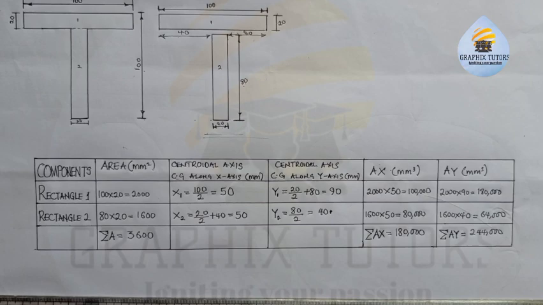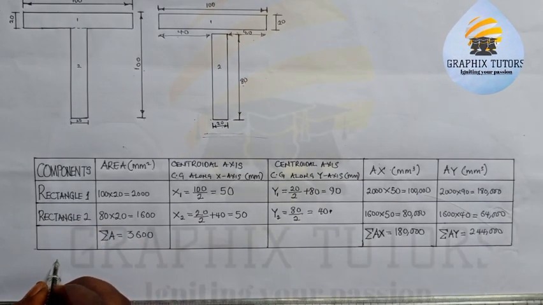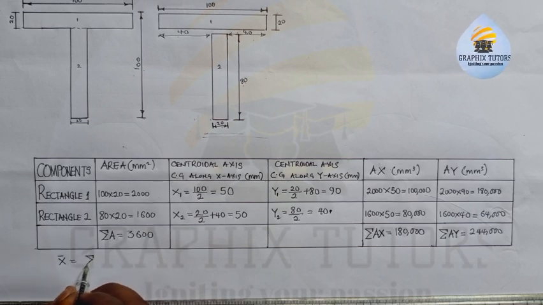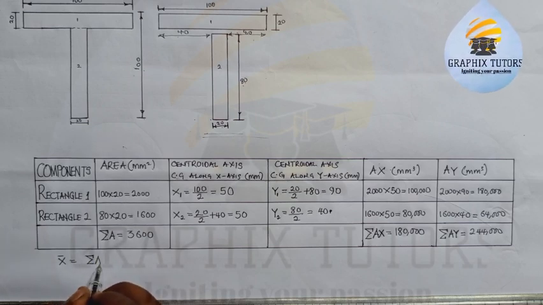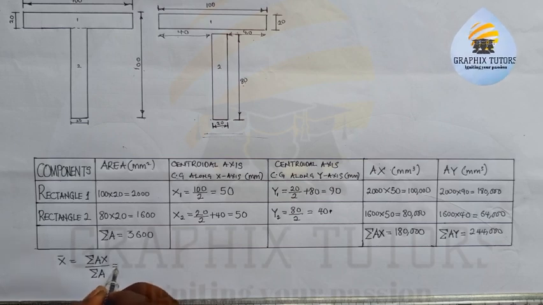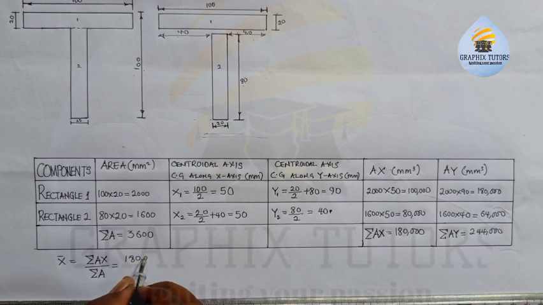We'll come here and say that the moment, the center of gravity along the x-axis will give me the summation of ax all over the summation of A. And the summation of ax is 180,000, all over what?